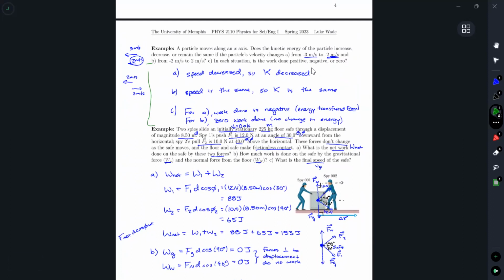So for that, you would say it's 1/2 m times the final speed squared, minus 1/2 m times the initial speed squared, because that's our change in kinetic energy. That gives us the net work done, or go the other direction. Once you know the net work done by a force, tell me how it changes the speed by using that change in kinetic energy.